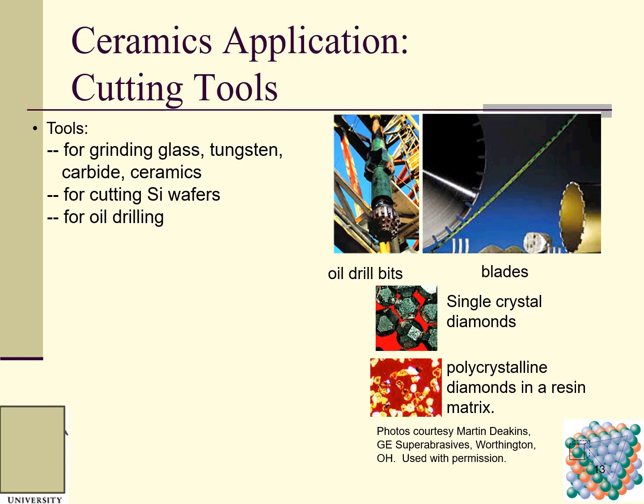And for tools, for grinding glass, there are tungsten carbide ceramics, for cutting silicon wafers, and for oil drilling. These oil drilling blades use single crystal diamonds or polycrystalline diamonds in a resin matrix. You can see, because of the high hardness of these ceramics, that's the reason they can be used as cutting tools.